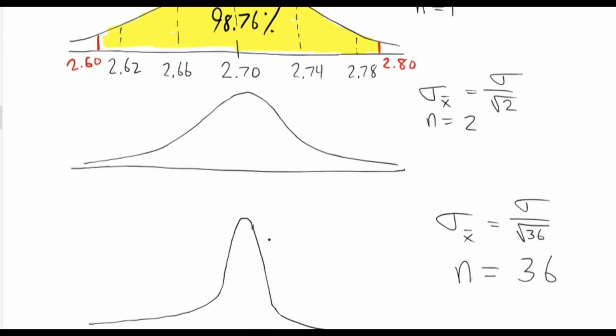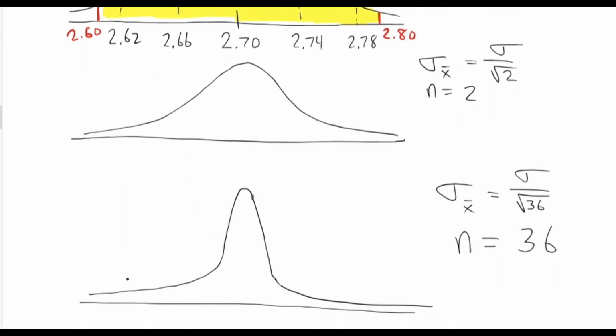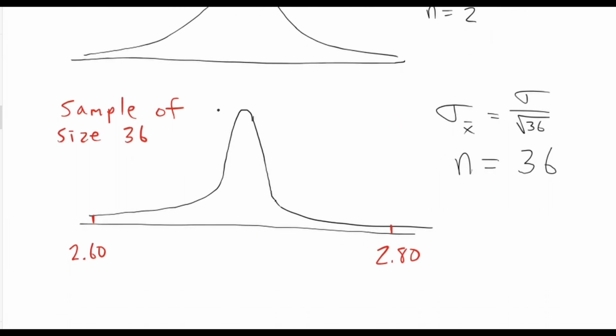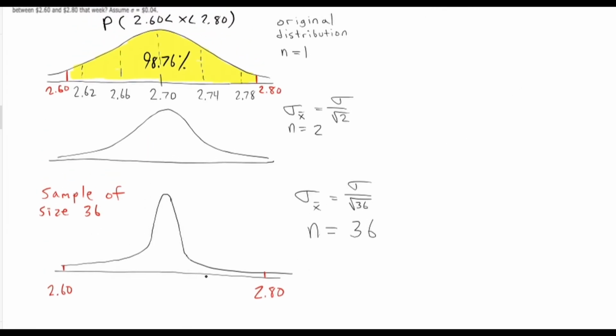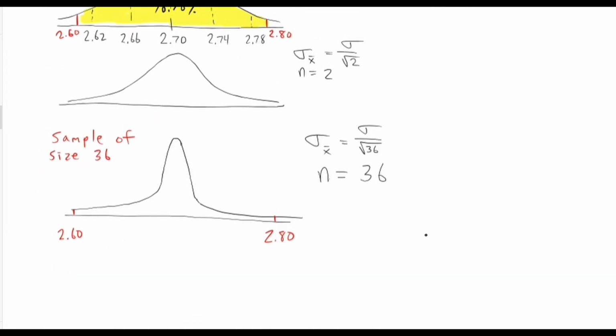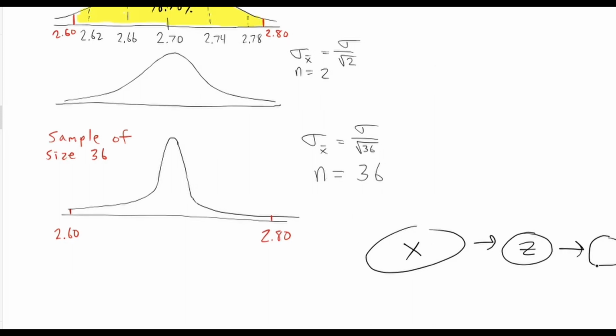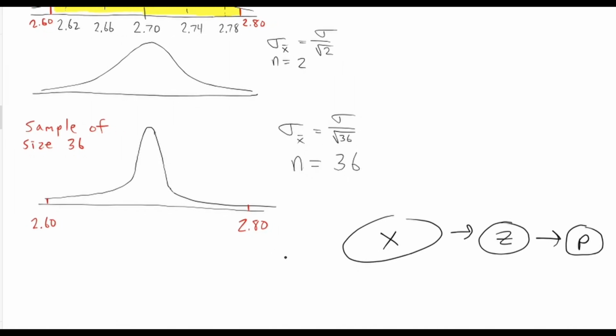Now they're asking, what's the chance of getting a sample of size 36, averaging all those stations, and having that be between 260 and 280. To answer that question, we could follow the procedure of X to Z to P. That'd be one way to do it.